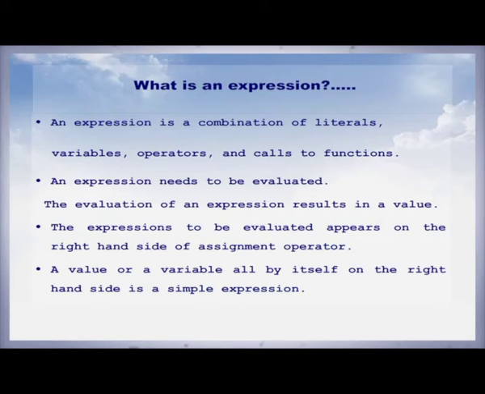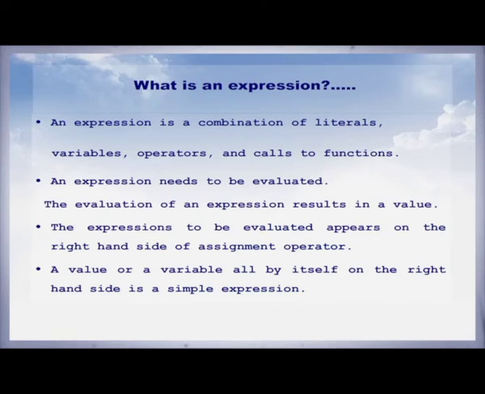An expression is a combination of literals, variables, operators and calls to functions. An expression needs to be evaluated. The evaluation of an expression results in a value. The expression to be evaluated appears on the right hand side of the assignment operator.